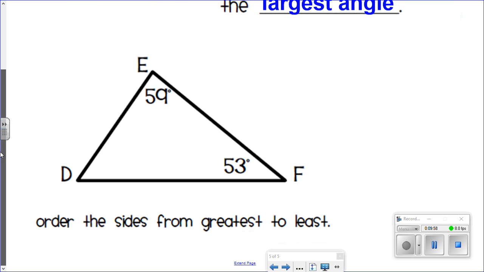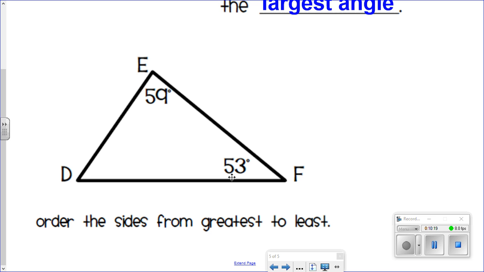So if we look at our example here, we have 2 angles in the triangle, and this isn't going to help us. And this is where mistakes come in when students just try to use these two numbers. 59 is the largest now, but how do we know if it's the largest of all three? 53 is the smallest now, but we don't know if that's the smallest of all three.